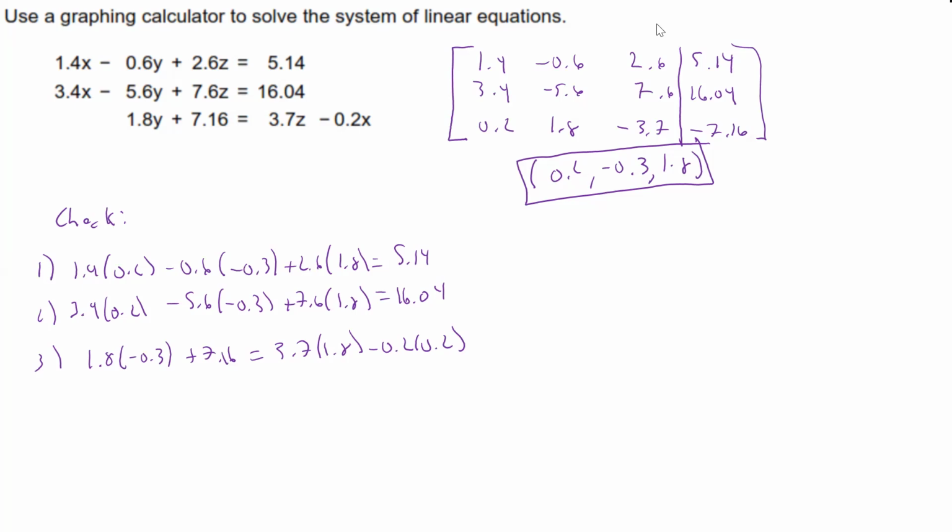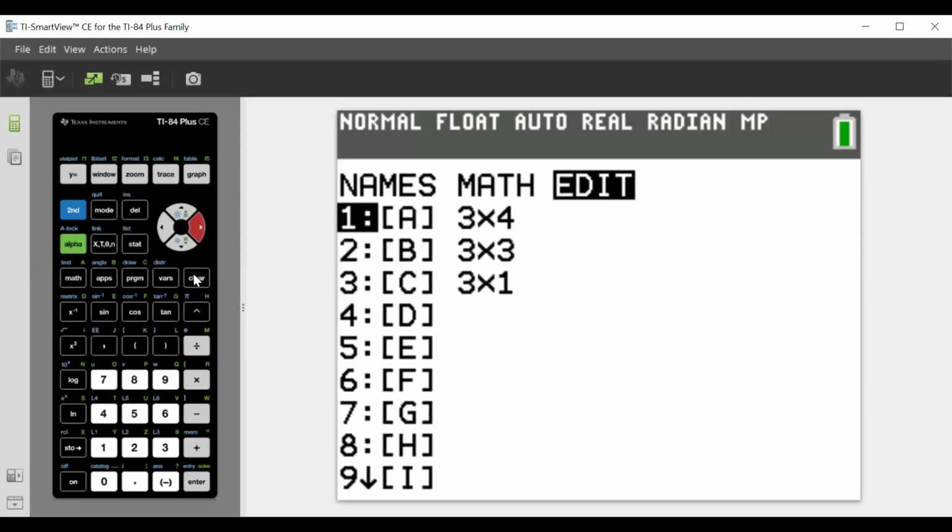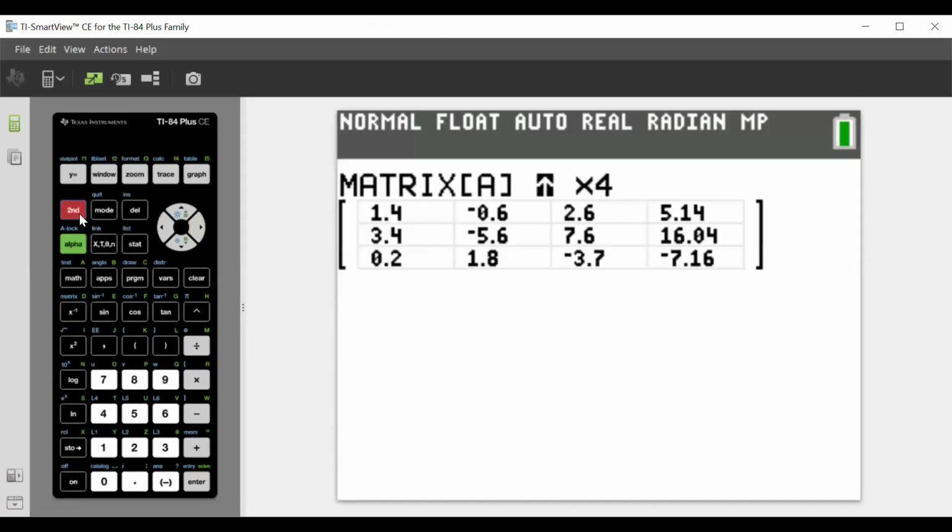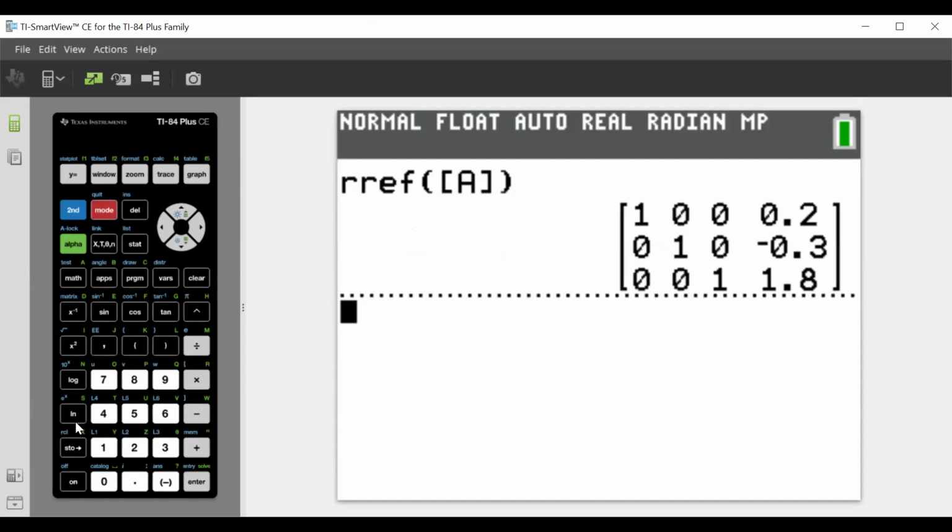And so we go back over here. We do a second matrix edit. Oops, no, that's not what I want. I'm calculating now. So it's 1.4 times 0.2, and then it's going to be minus 0.6 times negative 0.3, and then plus a 2.6 times the 1.8, and hopefully that's 1.8.